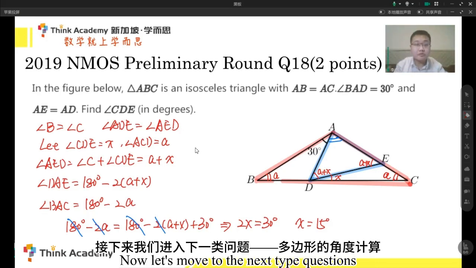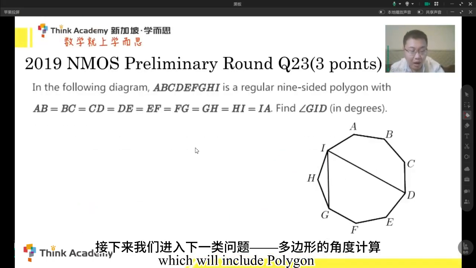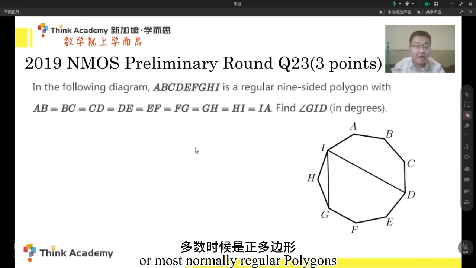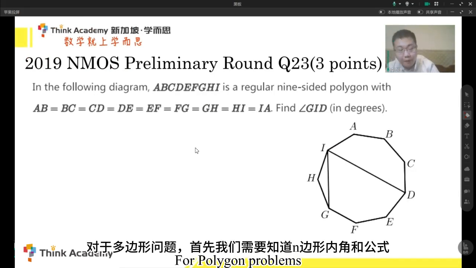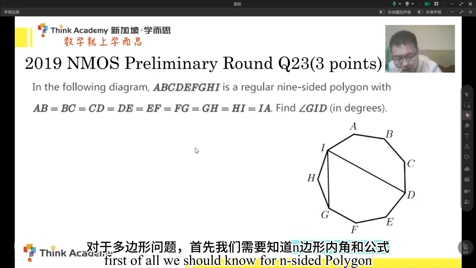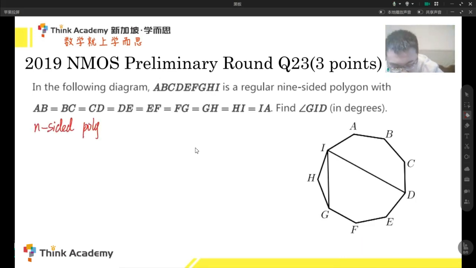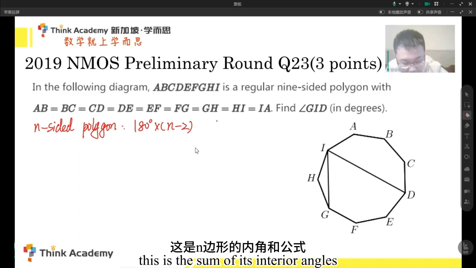Okay, now let's move to the next type of questions, which will include polygons, or most normally regular polygons. For polygon problems, first of all, we should know for an n-sided polygon, the sum of its interior angles will be 180 times (n minus 2). This is the sum of its interior angles.